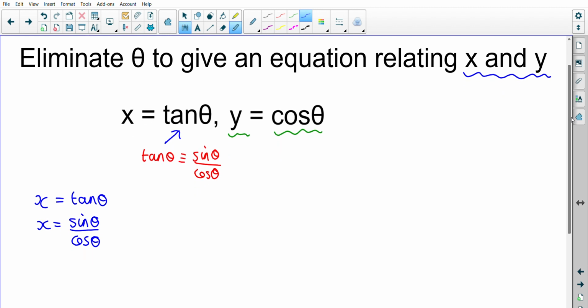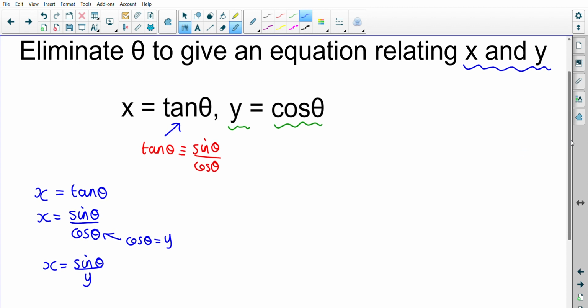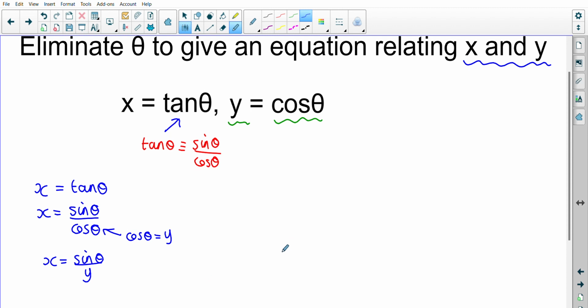So I'm going to get rid of the cos theta and write it as sine theta over y. So that's what I've currently got. Now I'm going to times by y. There are multiple ways of doing this, but I'm going to times by y so it's out of the way.